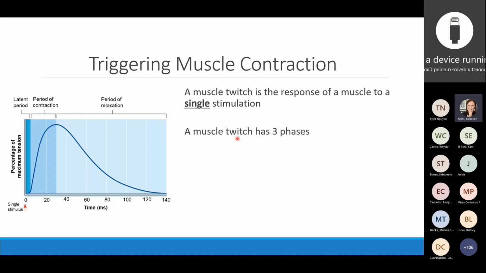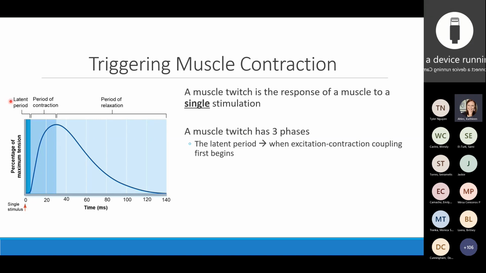So there's three parts to a muscle contraction. Part one is when we're first sending that message to our muscle fiber. So this is when excitation-contraction coupling happens. Neuron spits out a neurotransmitter that causes calcium to be released, troponin, tropomyosin moving. That's the beginning of a twitch.